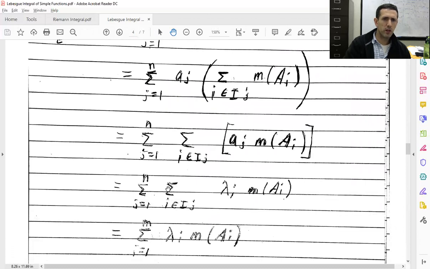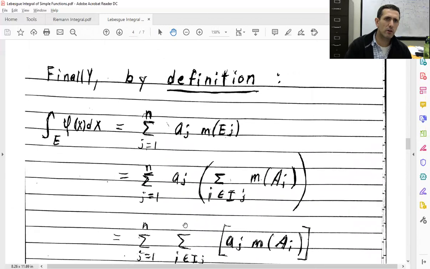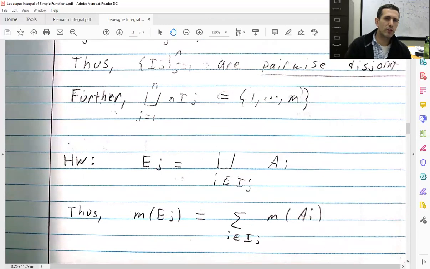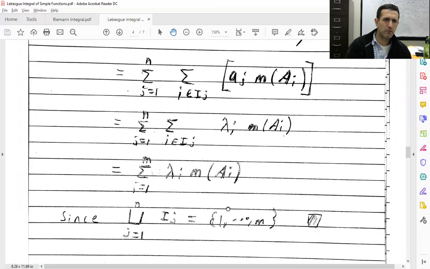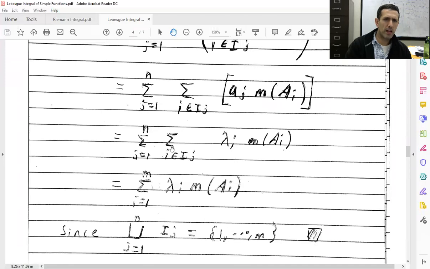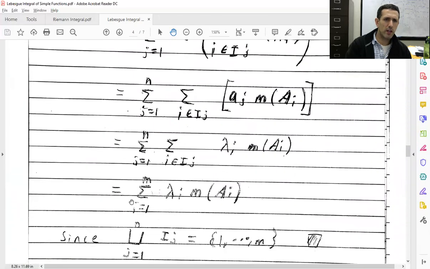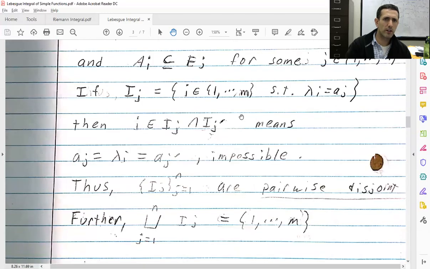We get exactly i equals 1 to m. Every i is counted and counted only once. Just check that if you're unsure of that. That just follows from the fact that this is a disjoint union right here. And that's exactly what we wanted to prove, that the integral is given by this sum here, the sum of λ_i m(A_i). So we go back.